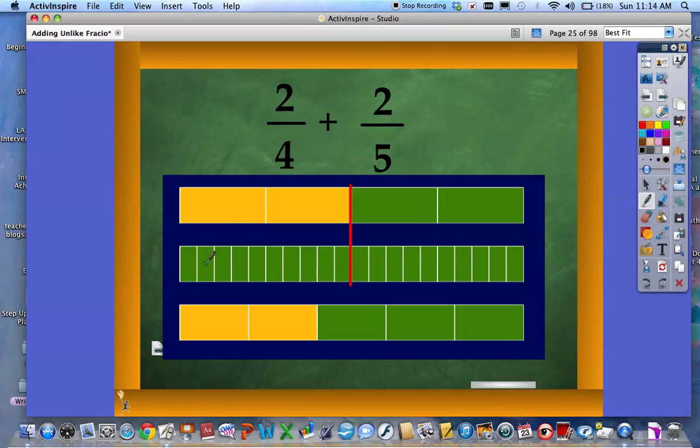Let's see how many 20ths are equal to 2/4. 1, 2, 3, 4, 5, 6, 7, 8, 9, 10. 10 20ths is the same amount as 2/4. Again, we've just taken our cake and split it up into more pieces. Pieces that will be the same when we look at 2/4 and 2/5.